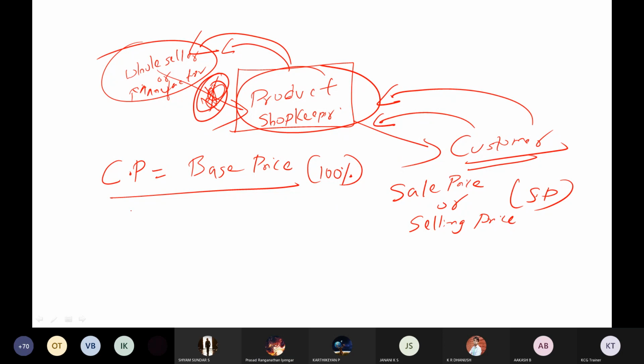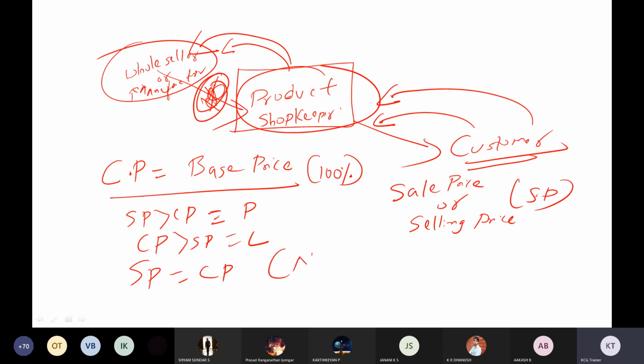Now, if SP is more than CP, there is a profit. If CP is more than SP, there is a loss. SP equal to CP, no profit, no loss.